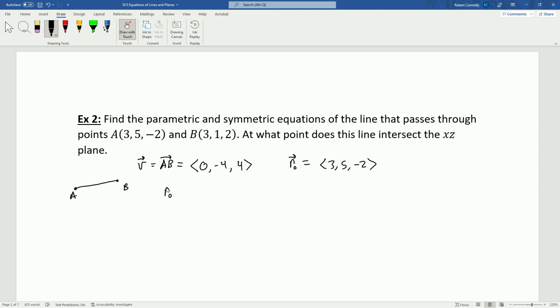And again, R equals R naught plus T times V. So this is 3, 5, negative 2 plus T times 0, negative 4, 4.